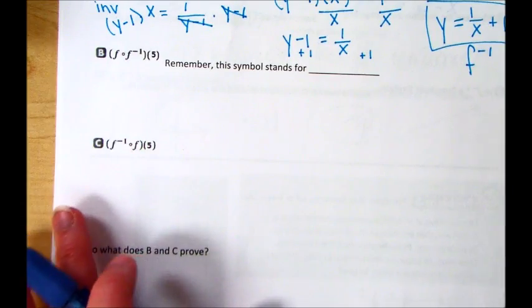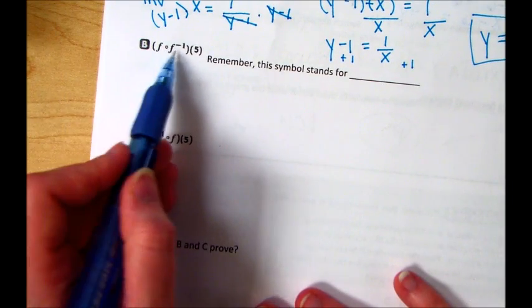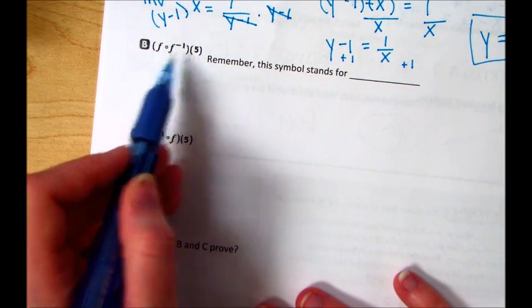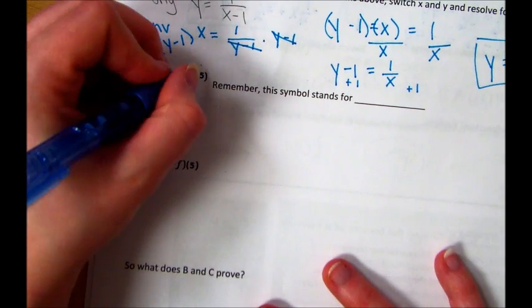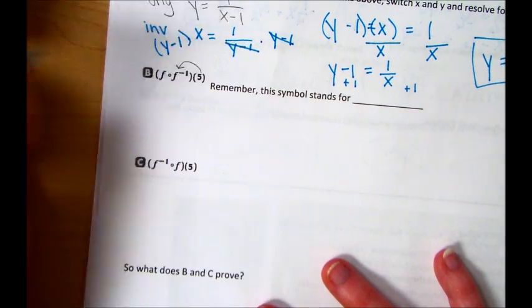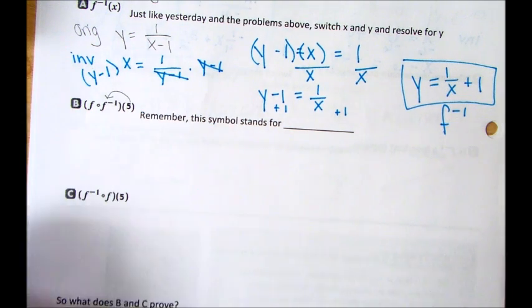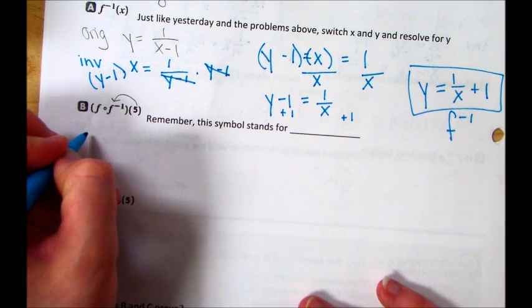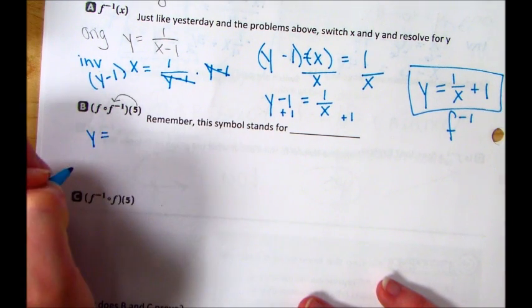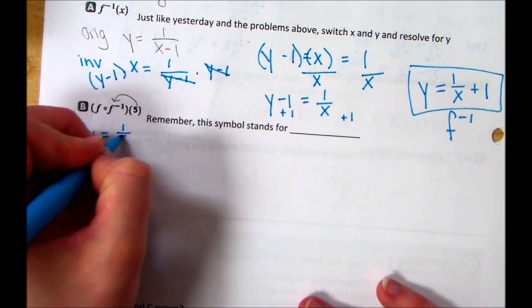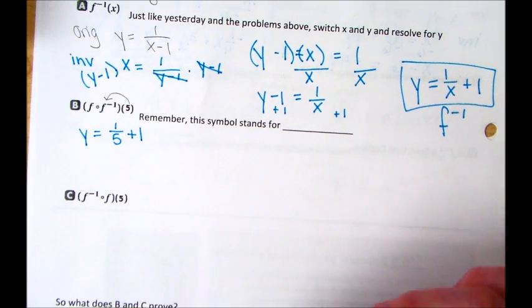Part B. They want us to do the composition with a 5. So when it's written like this, you plug 5 into your inverse equation first. So I'm going to take my inverse equation, I'll do it in blue, and I need to plug in 5. So I'm going to do 1 over 5 plus 1.